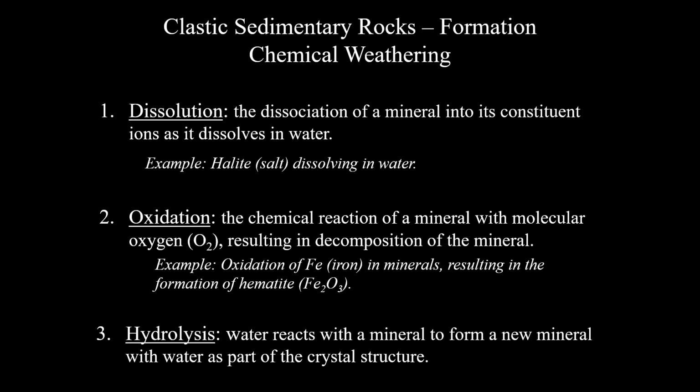That paint scratch allows oxygen in the air to start to interact with the underlying steel because the paint has been removed where the scratch exists, and you may see some rusting, some reddish color. This is essentially the transition of iron from FeO to Fe2O3. It's oxidation. It's adding oxygen to the iron structure, and it weakens it.